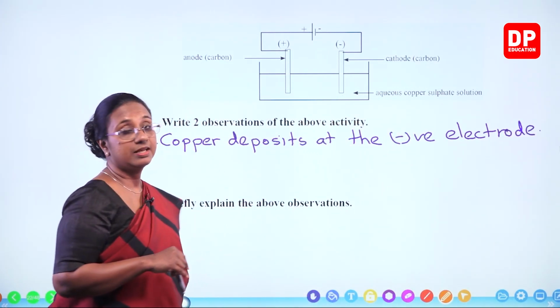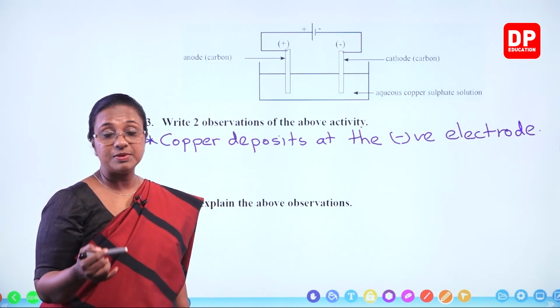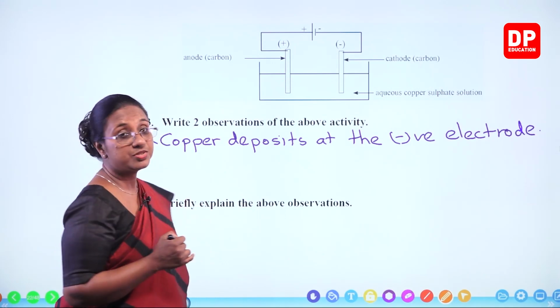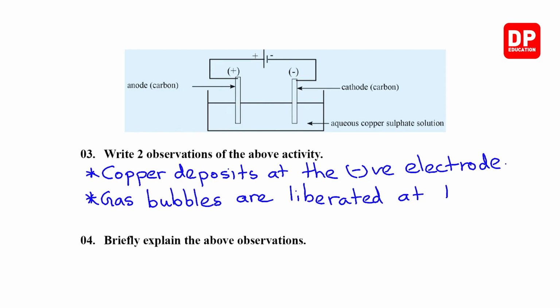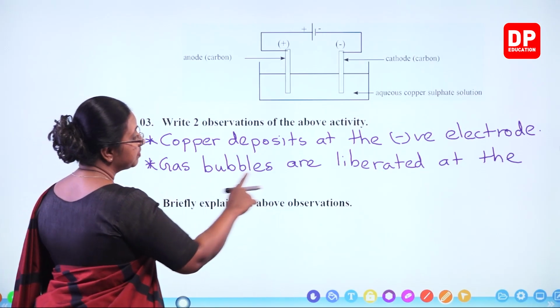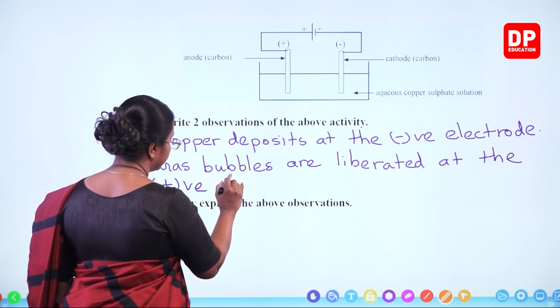We saw that OH- ions get oxidized. So oxygen gas bubbles are liberated at the positive electrode. So gas bubbles are liberated at the positive electrode.